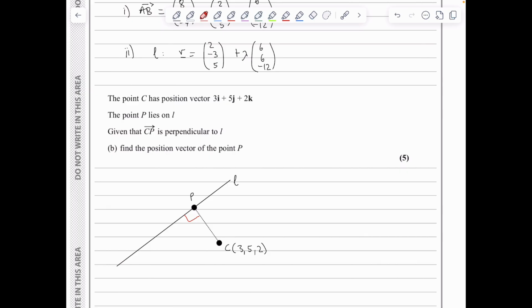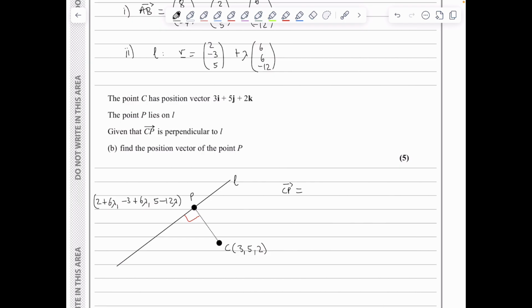Now we know that P being a point on the line L means that there is a value for lambda such that the coordinates of P are (2 + 6λ, -3 + 6λ, 5 - 12λ), and the whole objective is for us to find the value of lambda. I will start by finding the vector CP.